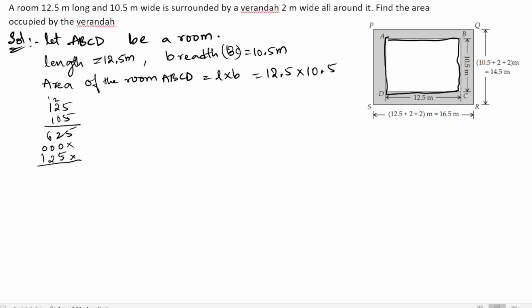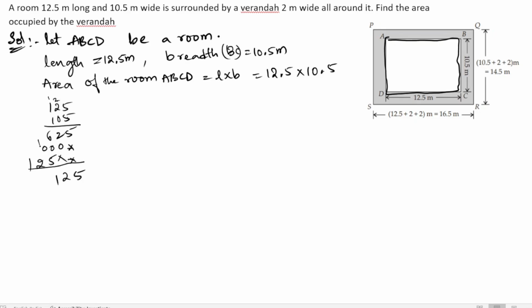So here there is a mistake, so I have to write it again. Now let us multiply with 1. 1 5 is 5, 1 2 is 2, 1 1 is 1.